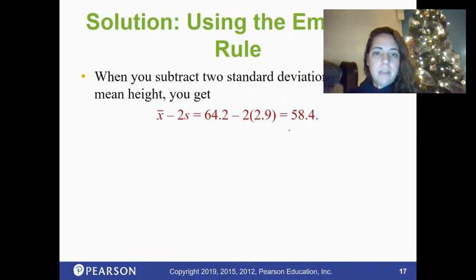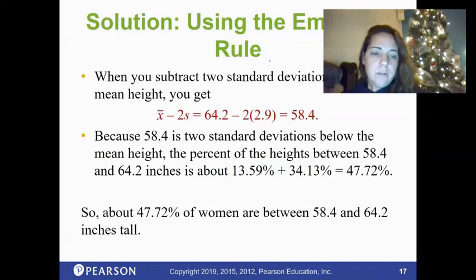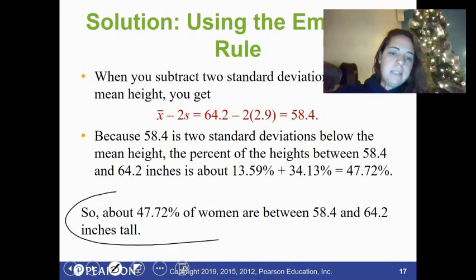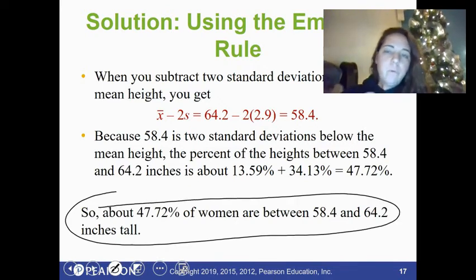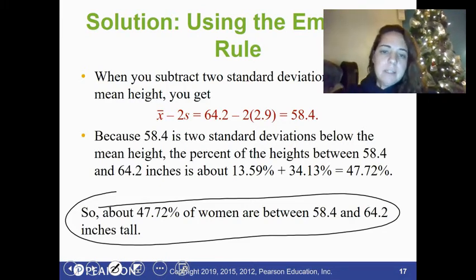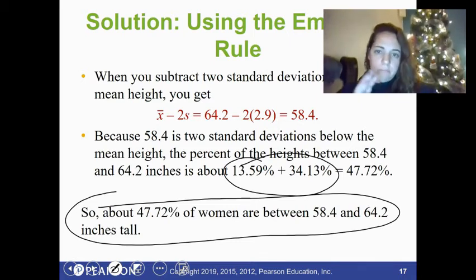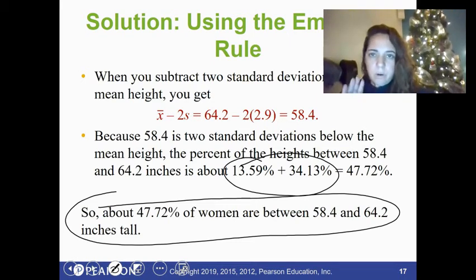We said 47.5, they said 47.7 because they were a little bit more precise, but they did the same idea. They added those two percents together, 13.5 and 34. Okay?